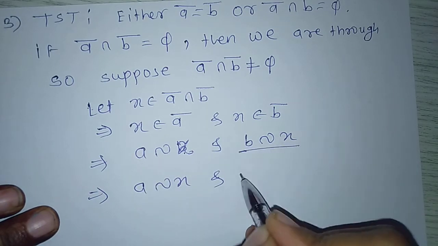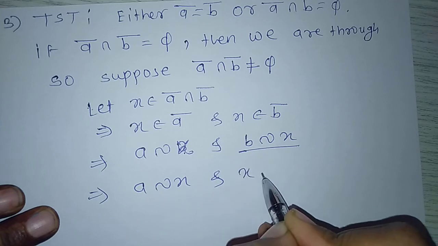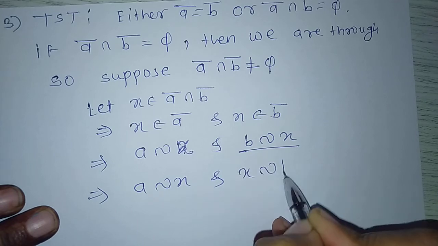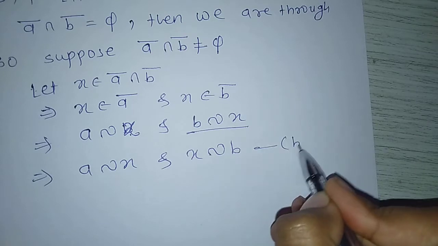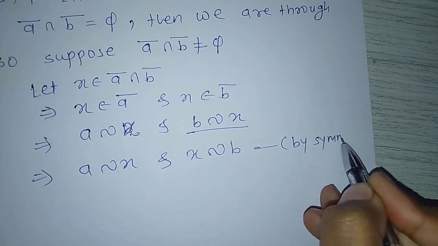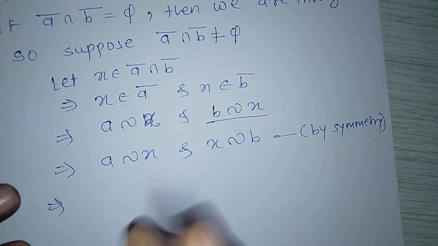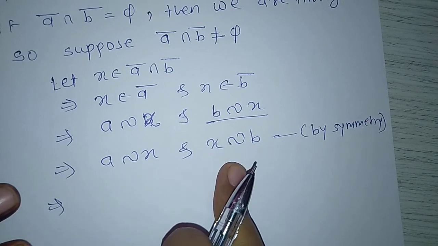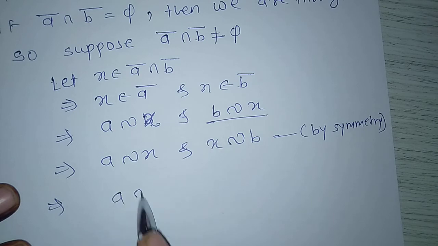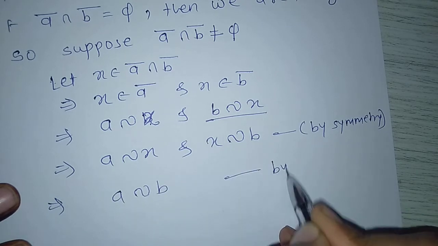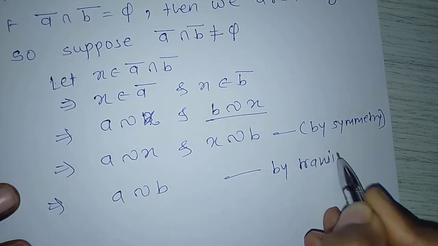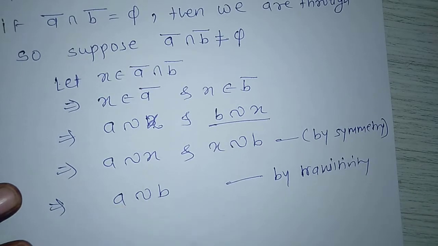By symmetry, x relates to B. A relates to x and x relates to B, so by transitivity, A relates to B.